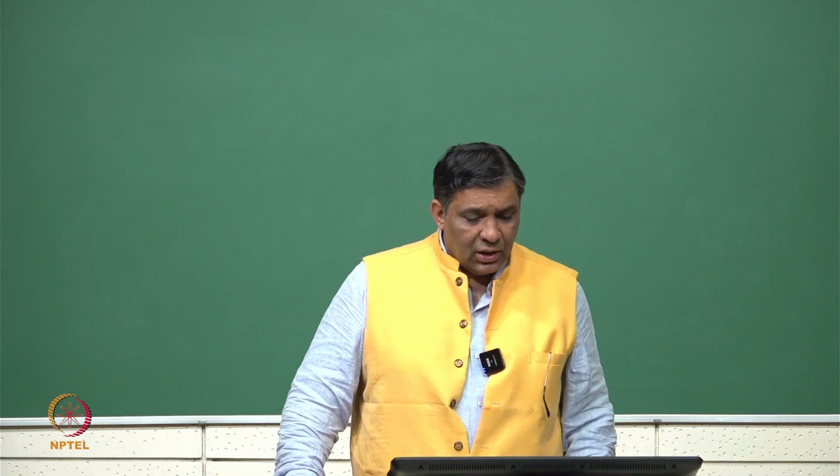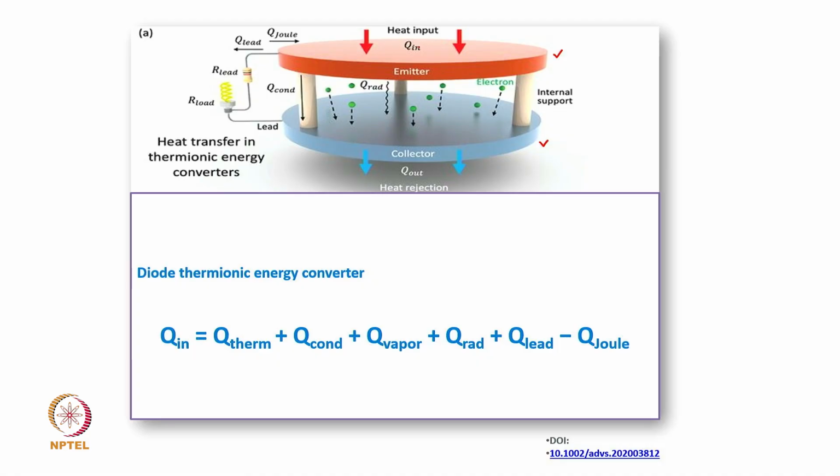So, Q in is what we can say is the input heat, which is from a heat source, coming to the emitter material. This heat energy is absorbed by the emitter material, and then it is emitting electrons.